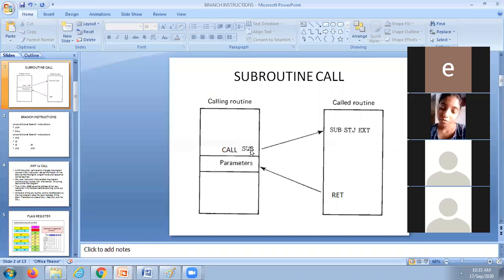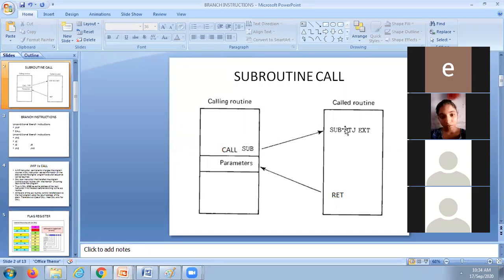Before the control is transferred from the main program to the subroutine, the status of the program, that means all the CPU registers at this point, are to be stored onto the stack by using the push operation.